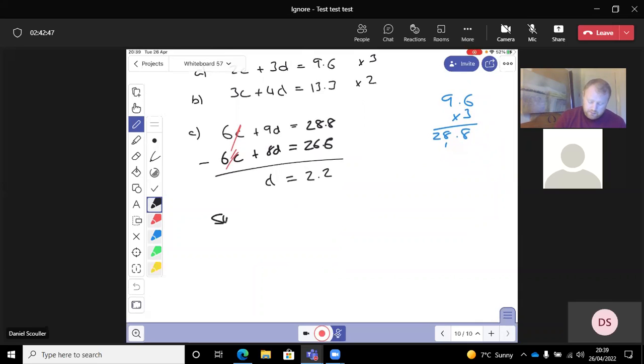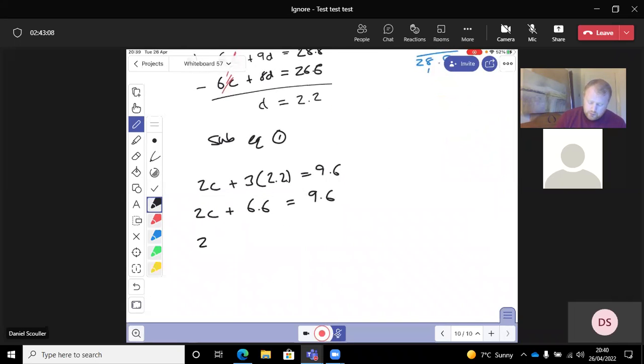Okay, subbing that into one of the original equations. So into equation 1, 2C plus 3 times 2.2 equals 9.6. 2C plus 6.6 equals 9.6. 2C would equal 9.6 minus 6.6.